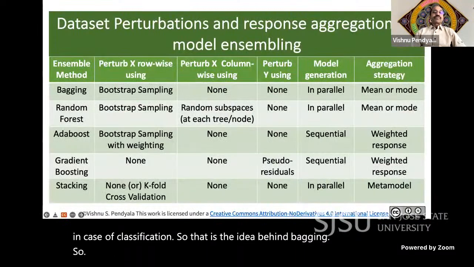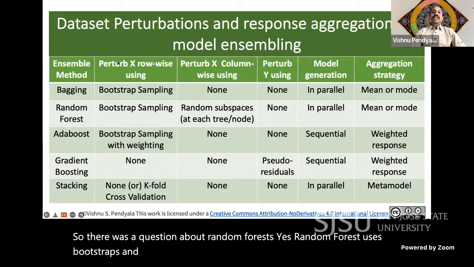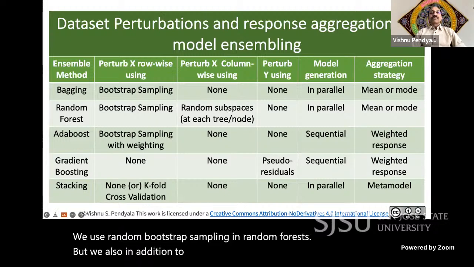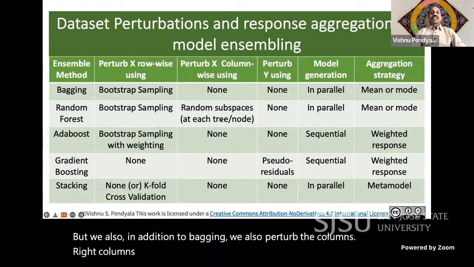Sorry. So there was a question about random forests. Yes, random forest uses bootstrap sampling for perturbing the rows. That means to generate different rows, we use random bootstrap sampling in random forests. But in addition to bagging, we also perturb the columns, right? Columns are perturbed by using what we talked about in an earlier slide, which is random subspaces.